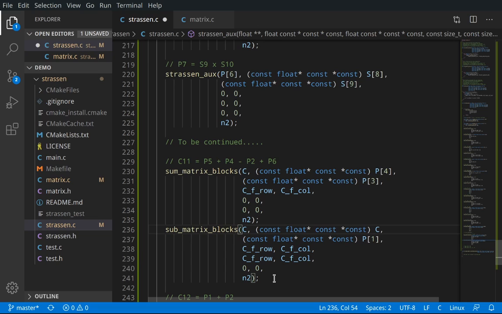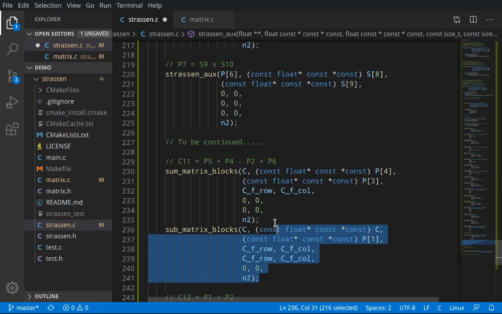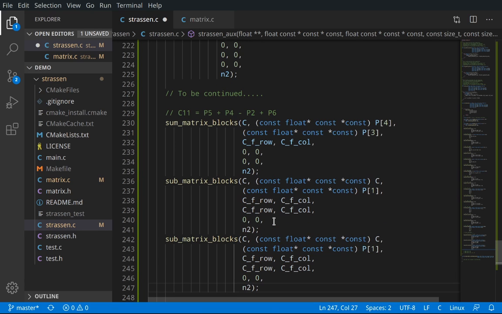Okay, so to be consistent with the typecast, and of course we are missing to sum P6, so let me go back here. I basically copy this part of the code, I'm summing up things, and now in C11 we have P5 plus P4 minus P2, so we have to sum up what's in P11 with P6, and this is done in this way, of course, and this is it.